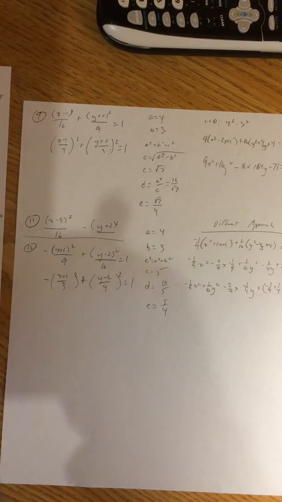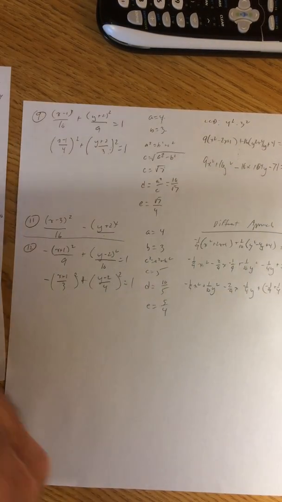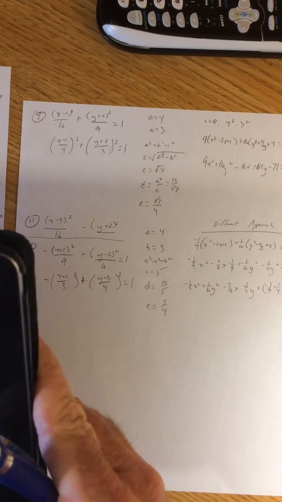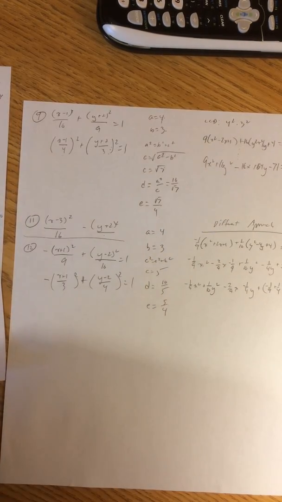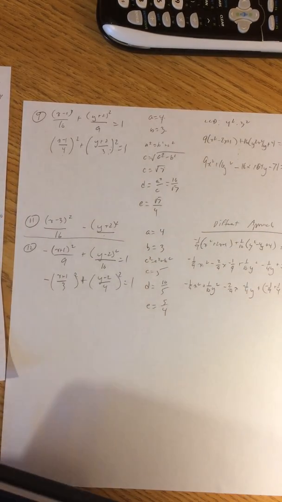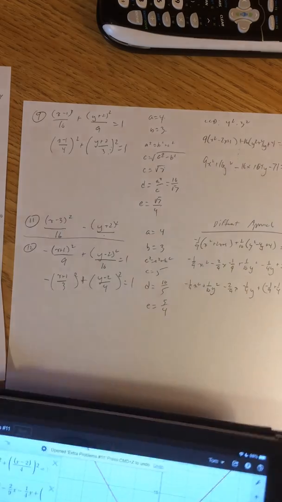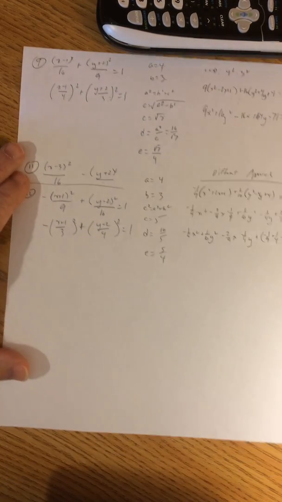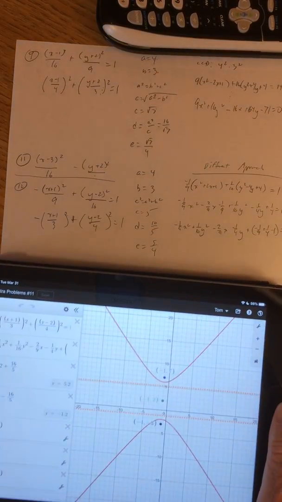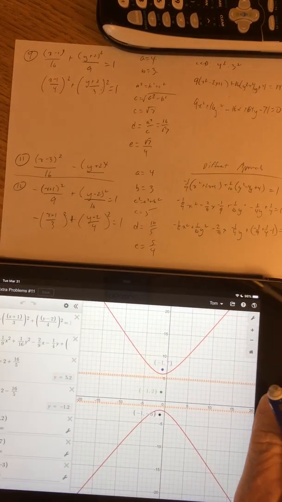Okay, let me get my Desmos. And Desmos is awesome. Okay, so this says number 11, but I'll change the name on that.